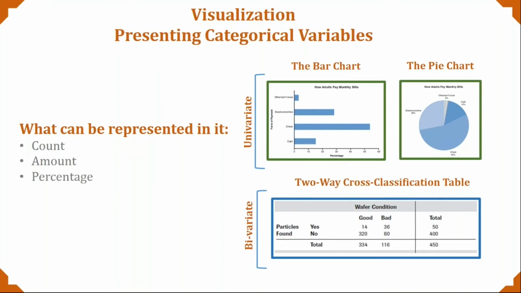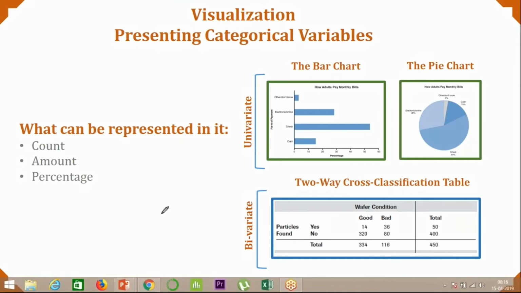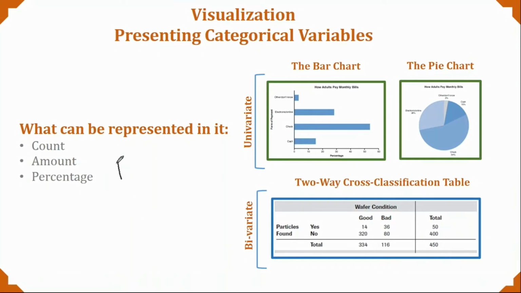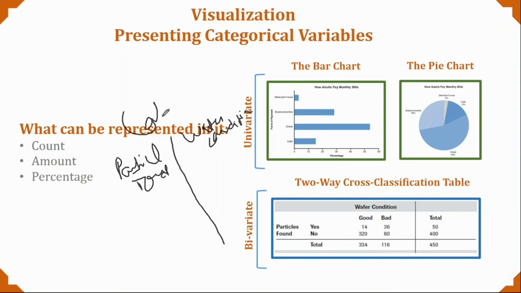In this example, we have one column which is particles found, and the second column is water condition, right? These two are your categorical data.